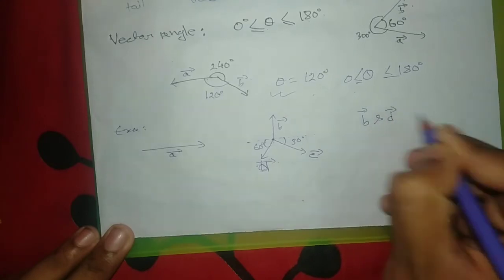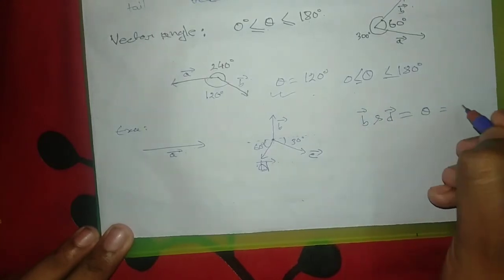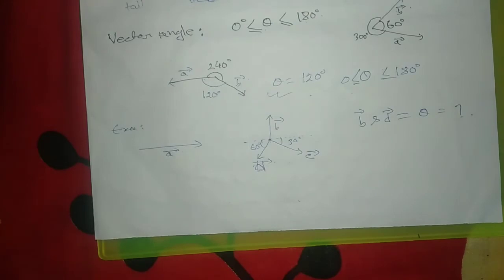B and D vector, theta equal to how much?